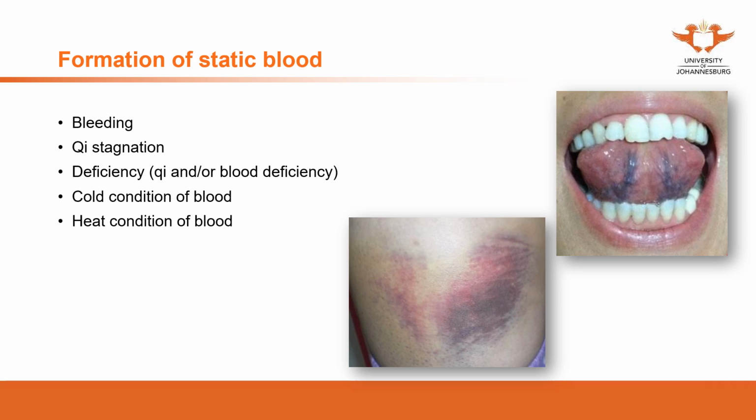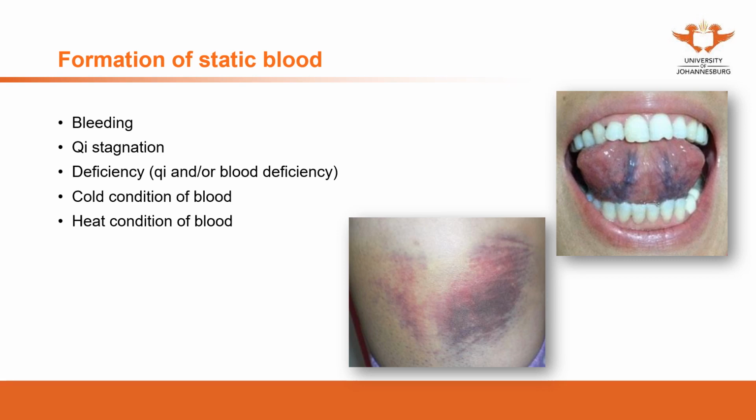Qi deficiency means that qi doesn't have enough force to move. Qi stagnation can be the result of qi deficiency, and it can also have other causes. So when the qi doesn't have enough force to move the blood, it also will cause static blood because the flow will slow down.